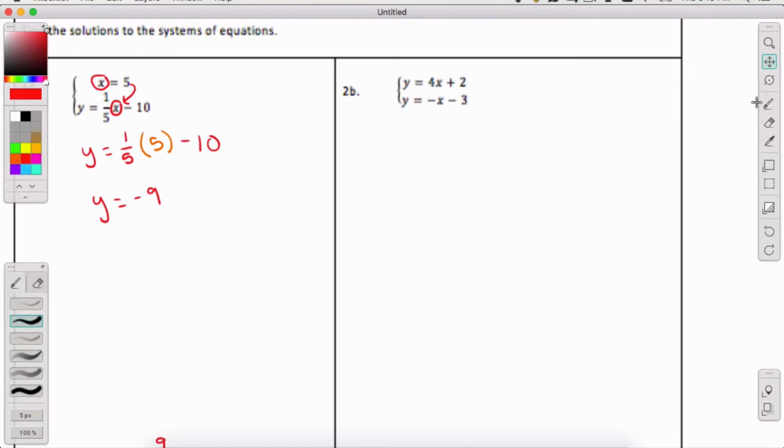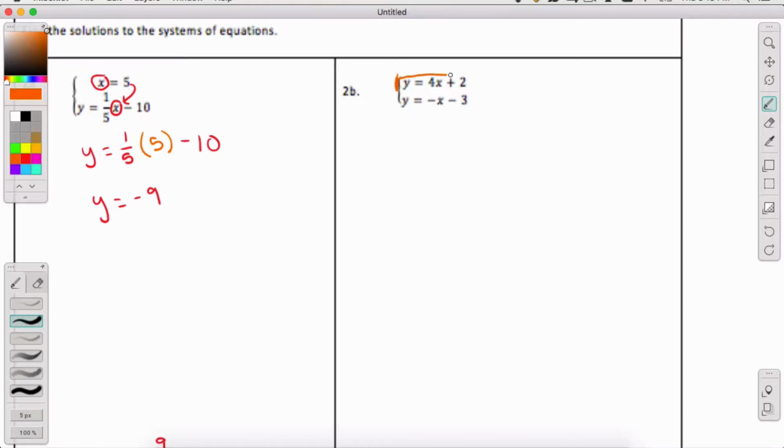This one, we're not given what x equals, but we are given what y equals here and here. So here we have y equals 4x plus 2 and y equals -x minus 3. I'm going to color code these.